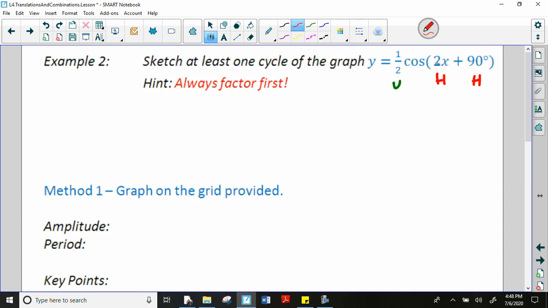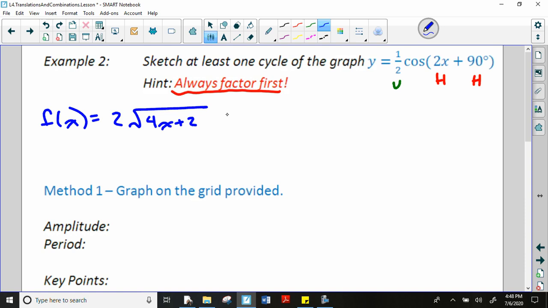All right, and what you have to remember here is factor. We got you with our square root functions and with the quadratics, but the square root function, there were questions that looked like this: 4x plus 2 minus 3, and then I wanted to know what the vertical or the horizontal stretch and compression and the horizontal translation.